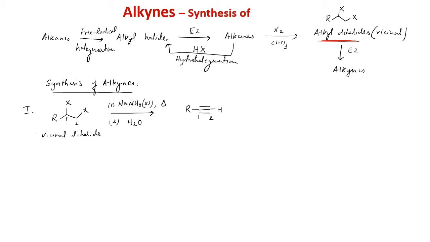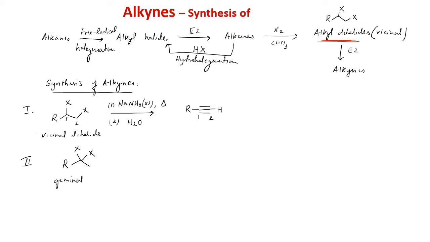We're just reviewing some of these reactions. So vicinal dihalides will give you an alkyne. Now your alkyl dihalide does not have to be a vicinal dihalide. It could be a geminal dihalide, which means both halogens are on the same carbon atom.